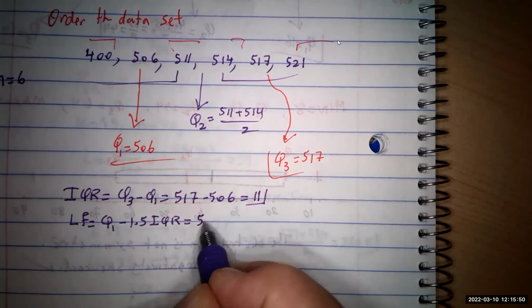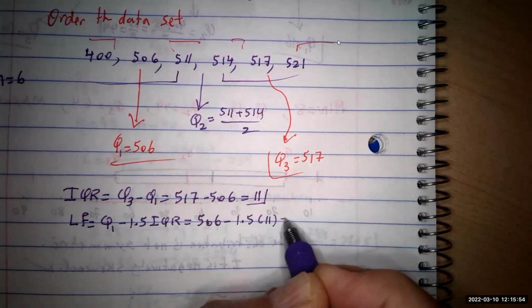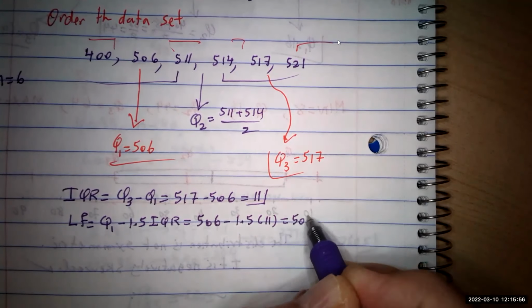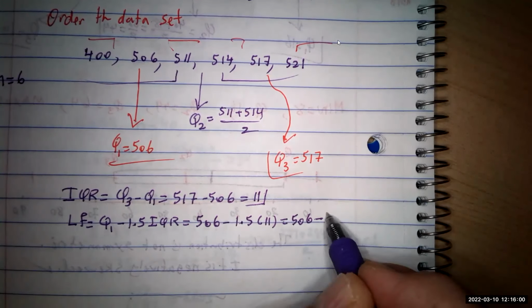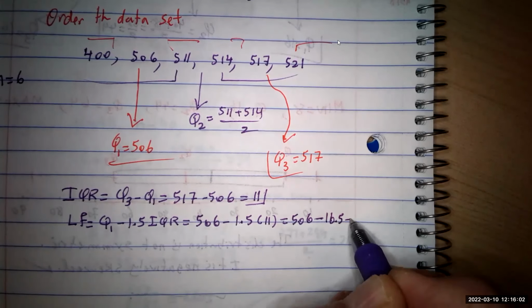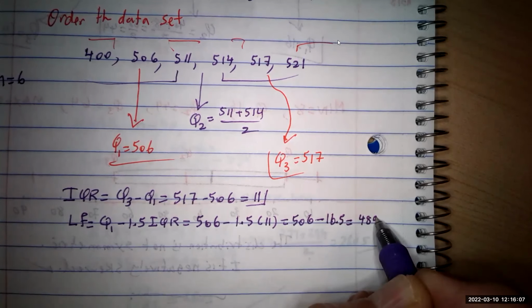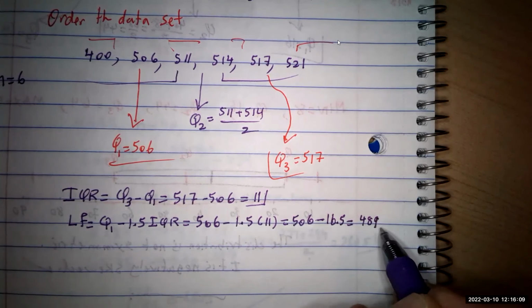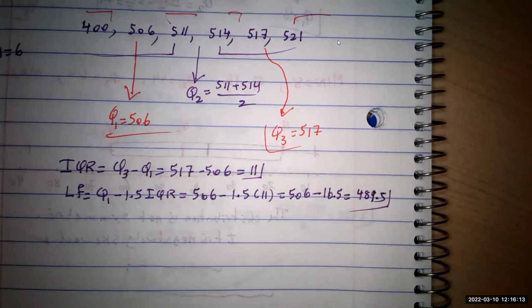Q1 is 506 minus 1.5 times 11, which would be 16.5. So the difference is 489.5. So that's the lower limit. Any question?